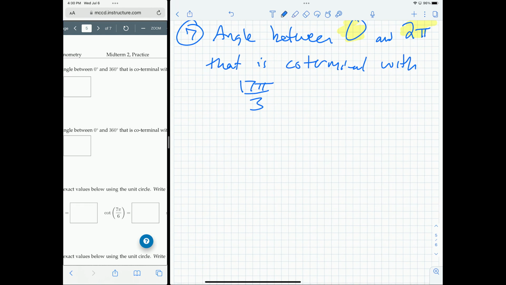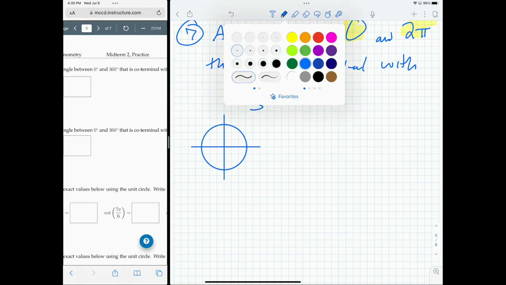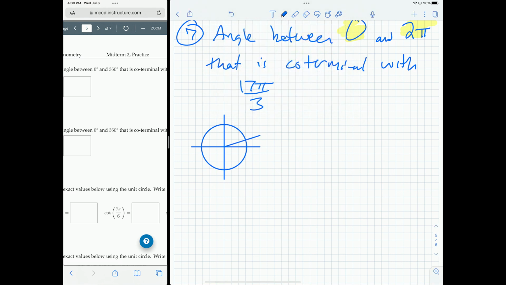So what's the point of this? This is kind of an explanation, not for this problem. If you take an angle, let's say I'm just going to make one up, say it's 20 degrees, right there. You can get to the exact same place if you go all the way around a full revolution and then go 20 degrees, which would be 380 degrees, because that's 20 plus 360.